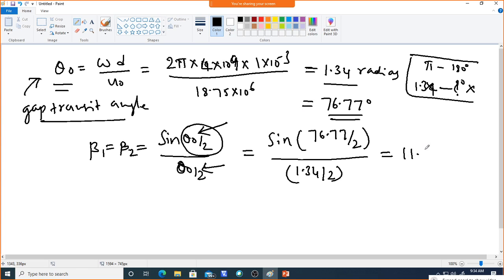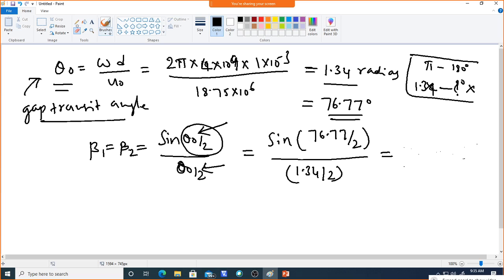0.84 into 10 power minus 6. Sir, if we do it in degrees, it is coming 0.926. Okay, so we have already converted this into degrees. So how much is it coming? 0.92.